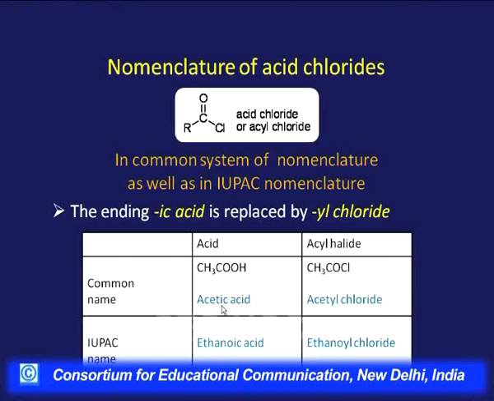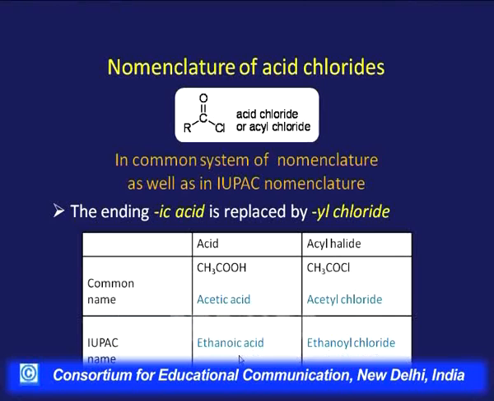The common name is acetic acid, and in place of ic acid we put yl chloride. So, the name for this compound becomes acetyl chloride. When its IUPAC name is considered, it is ethanoic acid, and again the ic acid part is replaced by yl chloride. So, the name for this acid chloride becomes ethanoyl chloride.